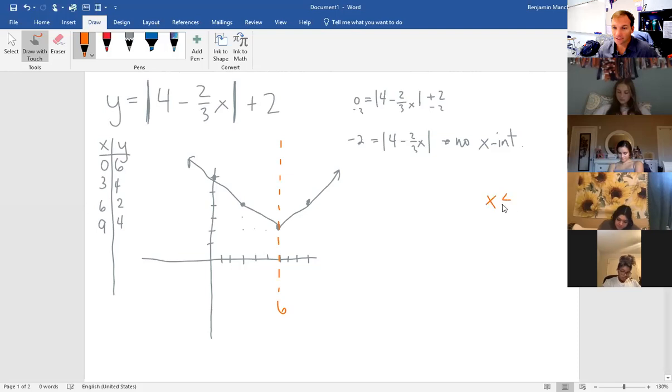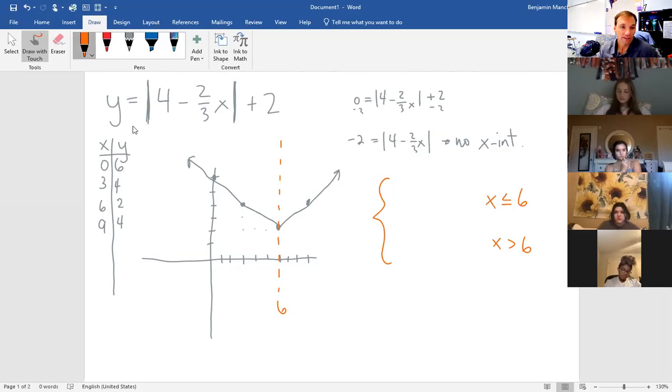So we're either x is less than or equal to 6 or x is greater than 6. Those are your conditions. We either have a line to the left of 6 or we have a line to the right of 6. So 6 is the fence. It's important to be able to find that vertex because that's where things change. That's where the lines change.